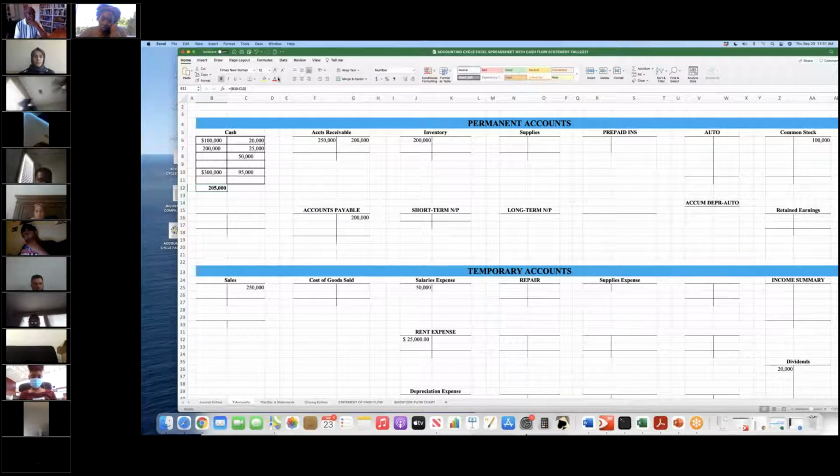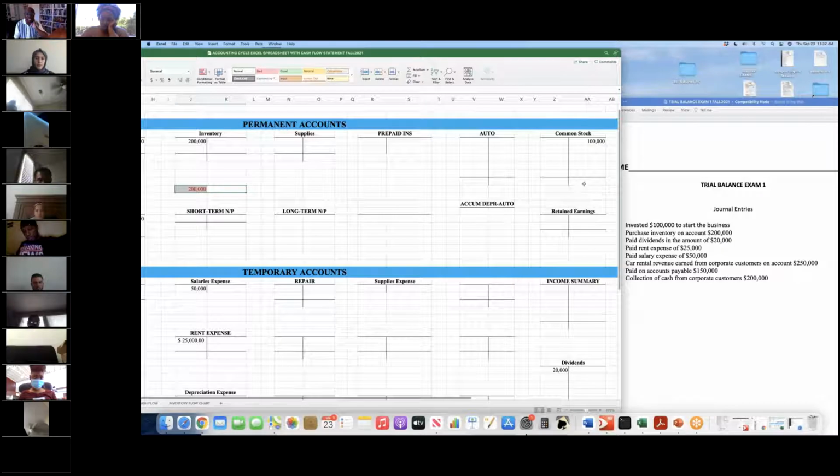And we'll put them in red since we're just kind of distinguishing that they're going to go on the trial balance. With receivables, 50,000 is going to go on the trial balance. Inventory, 200,000 will go on the trial balance. Common stock, 100,000 will go on the trial balance.